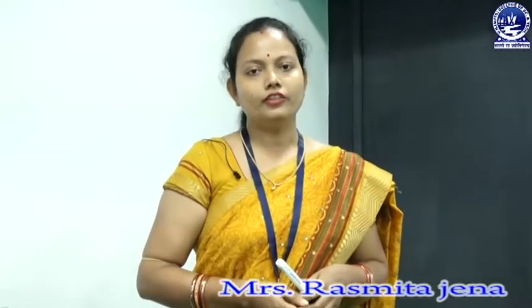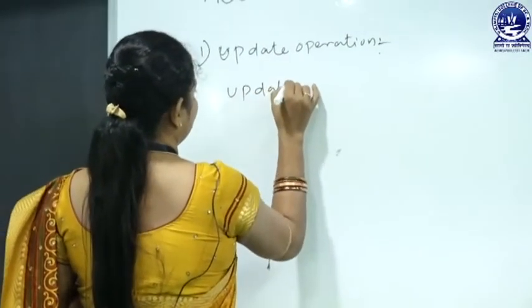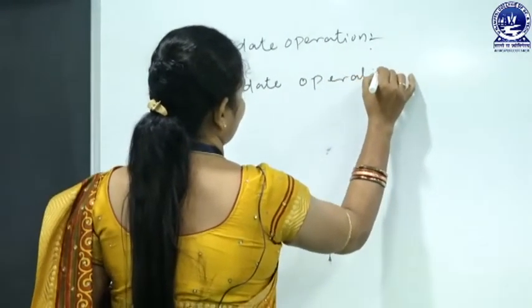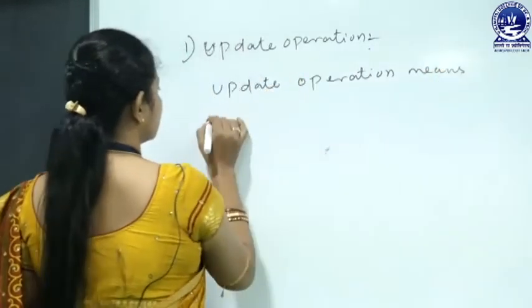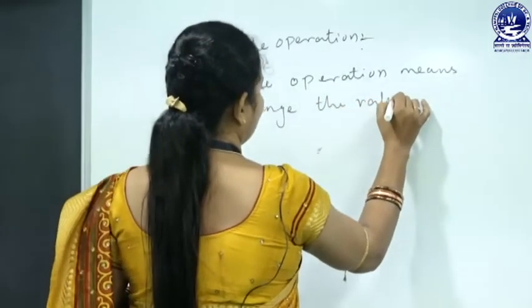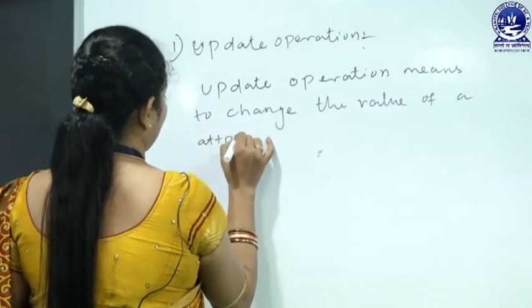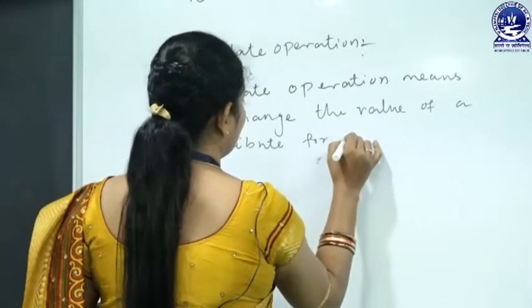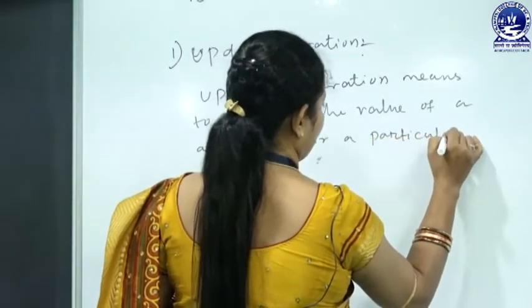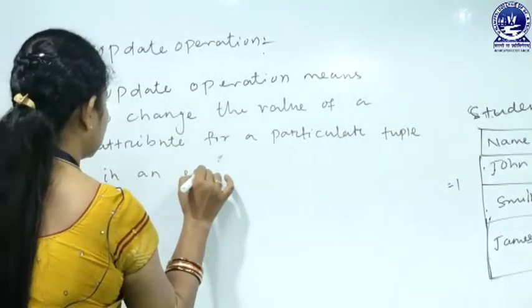Next we will see the update operation. Update operation means to change, or you can say modify, the value of a particular attribute for a particular tuple in an existing relation.